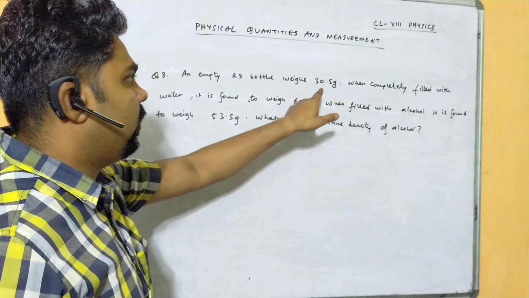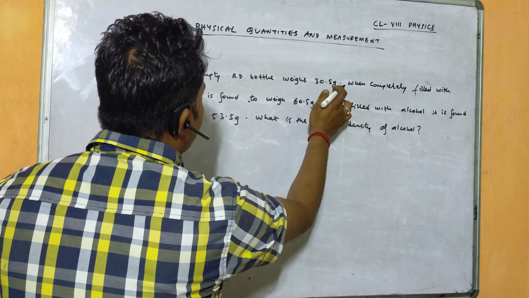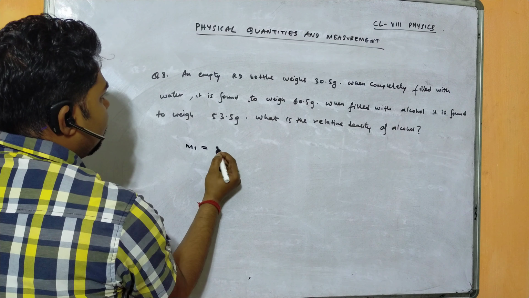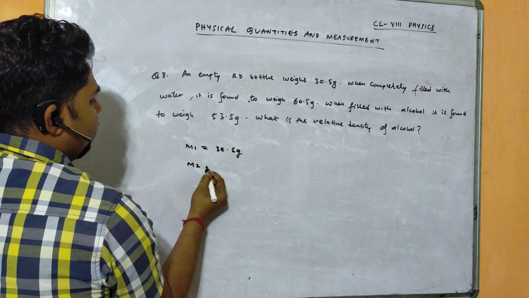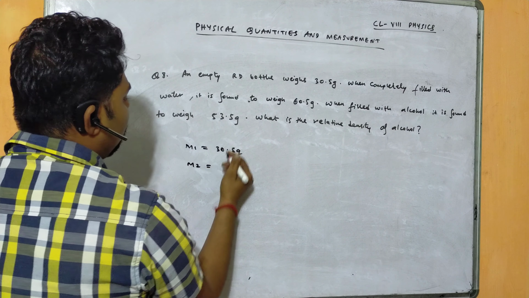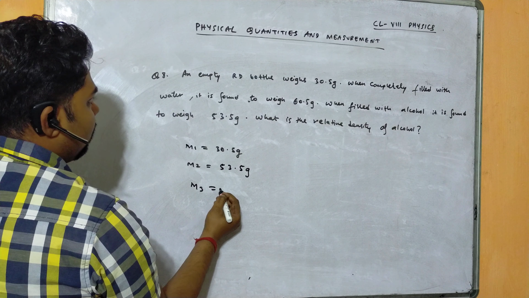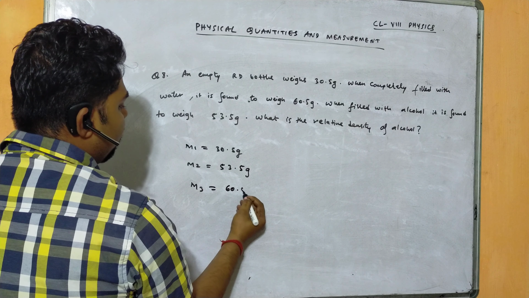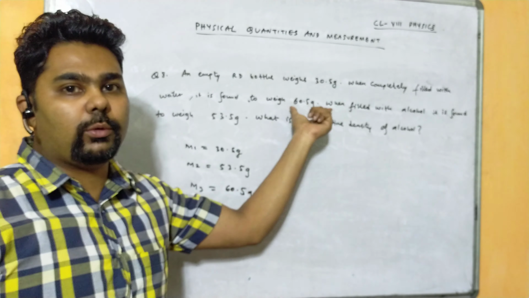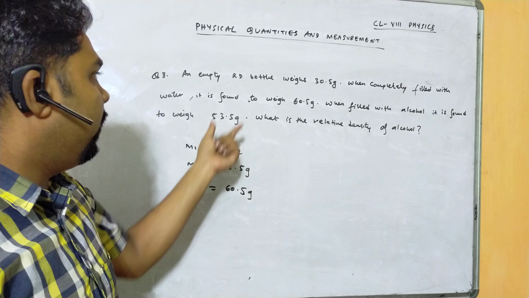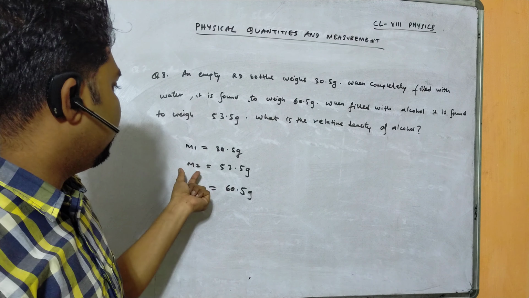First we will note down what is given in the question. An empty relative density bottle weighs 30.5 gram, that is M1. When it is filled with alcohol, that is 53.5 gram, and when it is filled with water, that is 60.5 gram. When the empty bottle is filled with water, we'll consider it M3. When it is filled with the given liquid, alcohol, that will be M2.